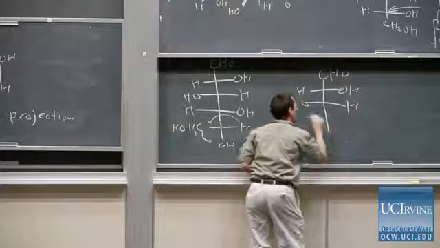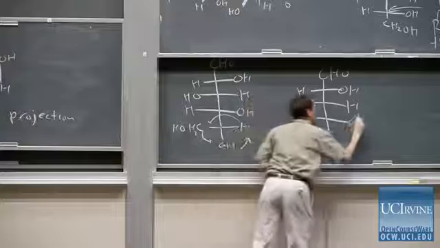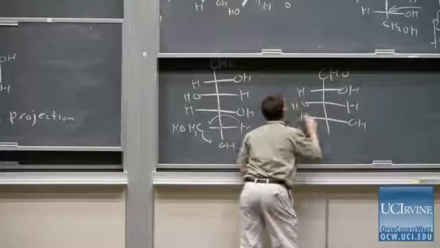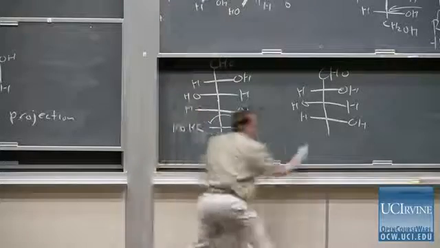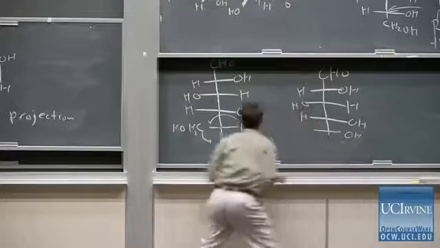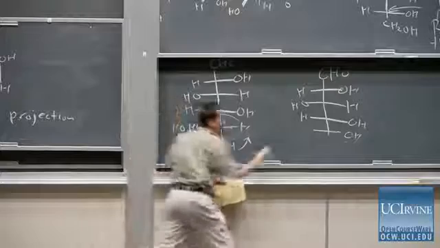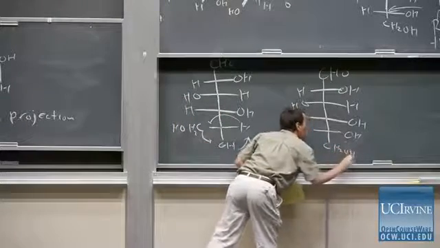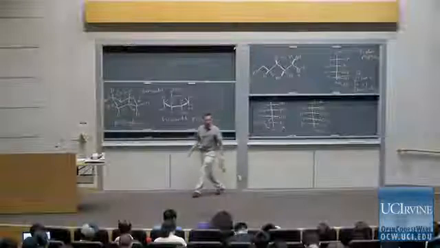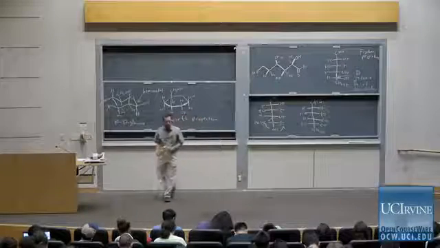Everything's the same until we get to the bottom position and its representation. And now we've rotated, so we've rotated the OH over to here. We've rotated the hydrogen over to here. And we've rotated the CH2OH over there.